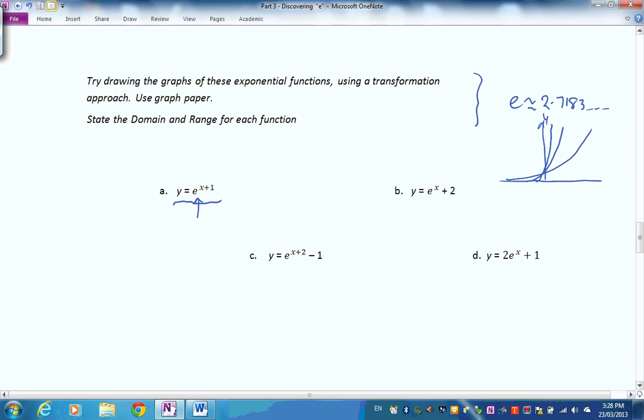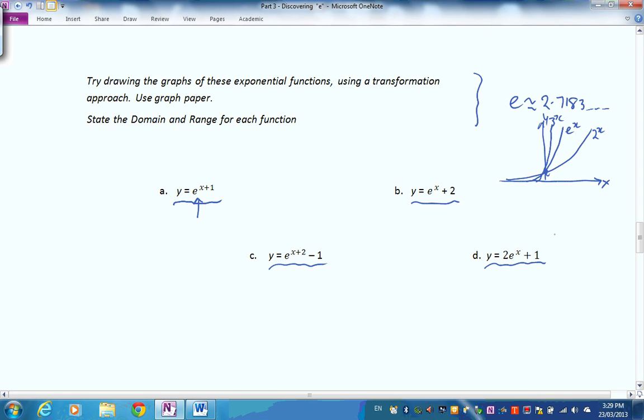It's going to look something like that. So it's not really very much different here, except because of the importance of e later on, we want to be familiar with it, and be able to do these transformations with e to the x.